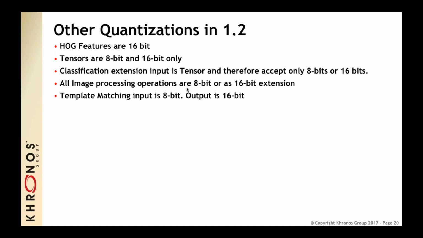One of them was done by Google with GEMMLOWP. They did statistics after the training on a specific data set, found the minimum and maximum value of each input and output of the layers of the neural network, and produced for each one of them separately a quantization formula from minimum and maximum in float into 0 to 255. They also implemented the hardware for that, the TPU card.